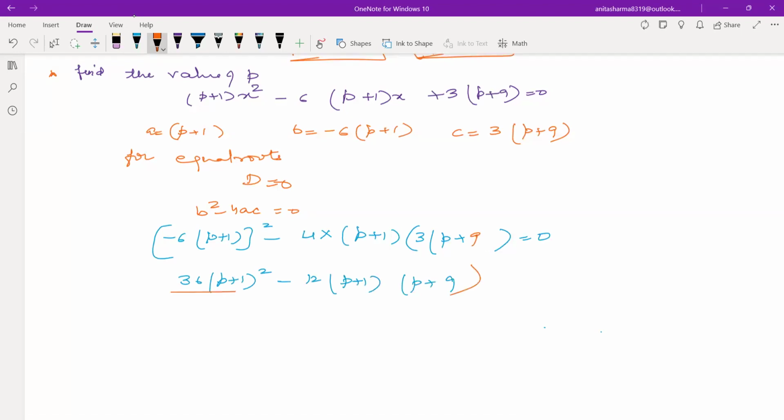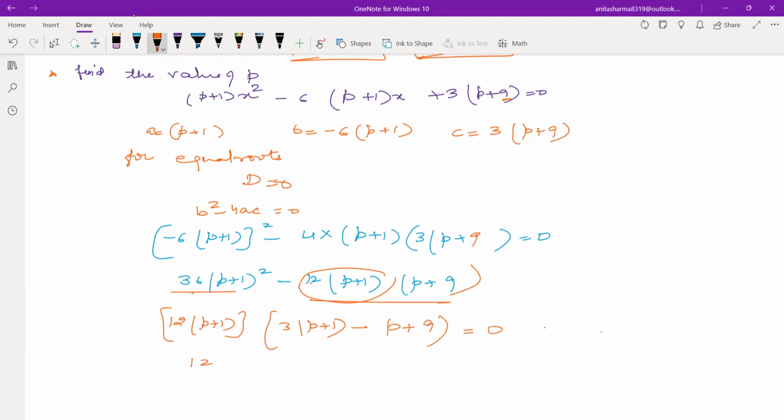So now, from these two, you can take 12 into P plus 1 common, beta. Then 3 times P plus 9, it is 9 only. No, only P plus 9 is there.